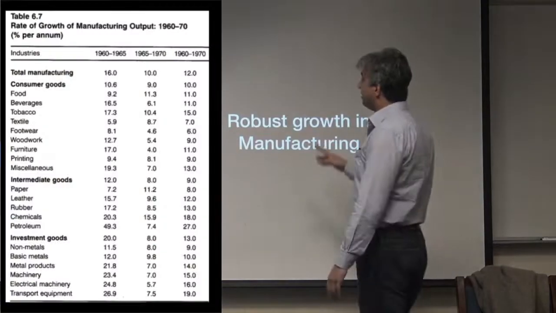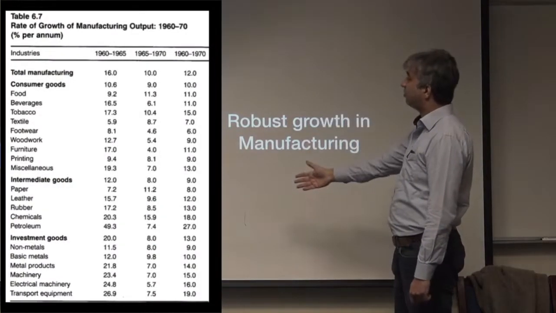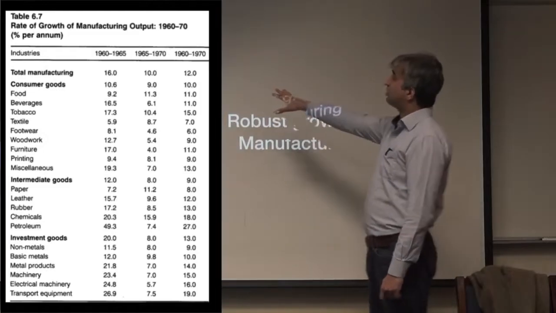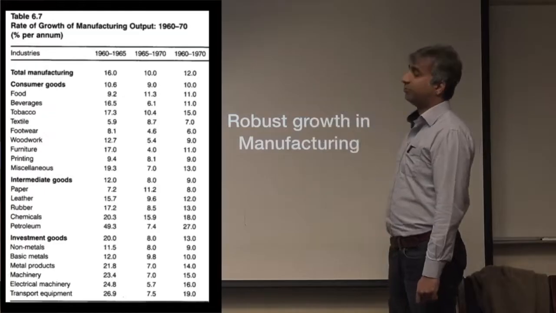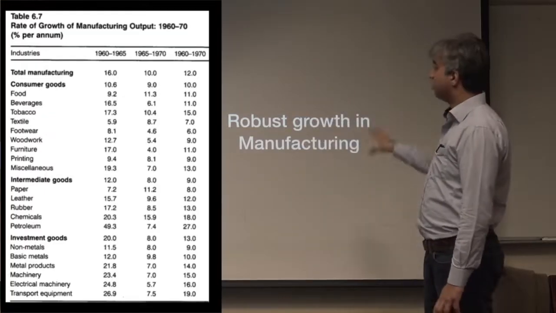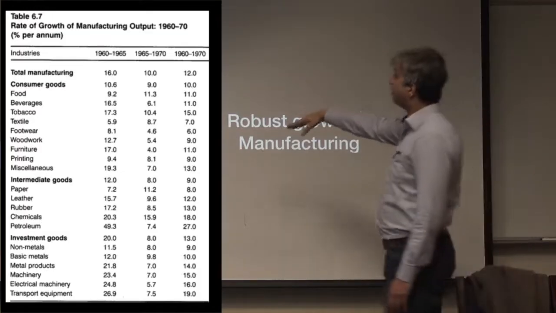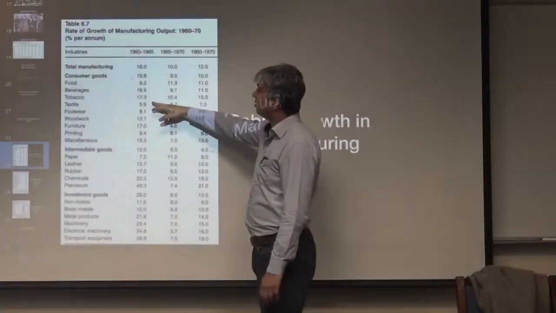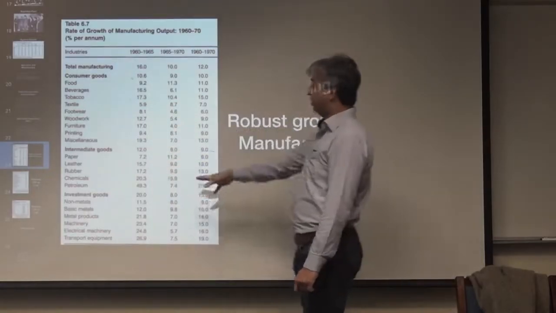So here you can look at the rate of growth in manufacturing, etc. They're quite substantial in the 60s, from the 1960s even to the 1970s. Robust growth in manufacturing. You can see the breakdown in food, beverages, tobacco, textiles, woodwork, furniture, paper, and many other things.